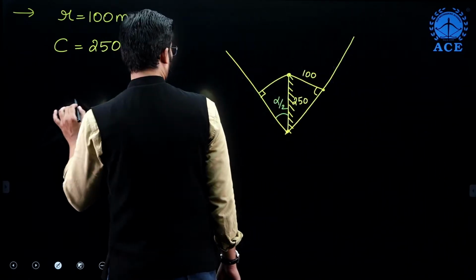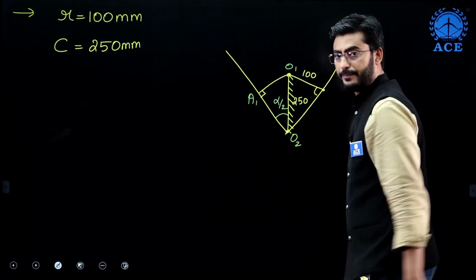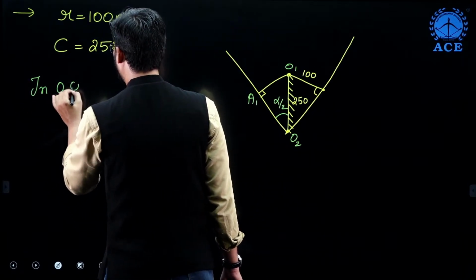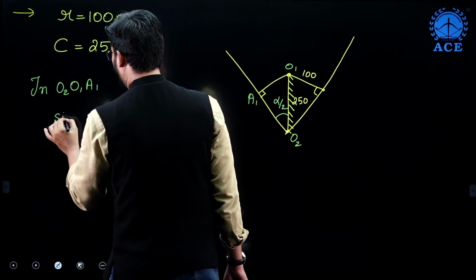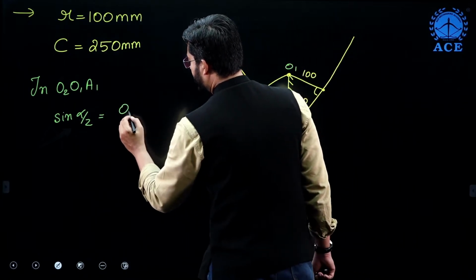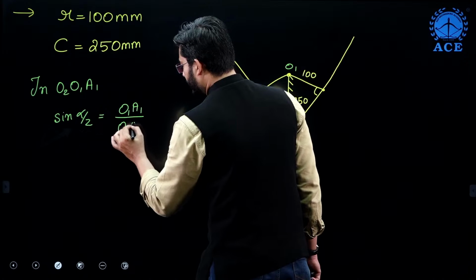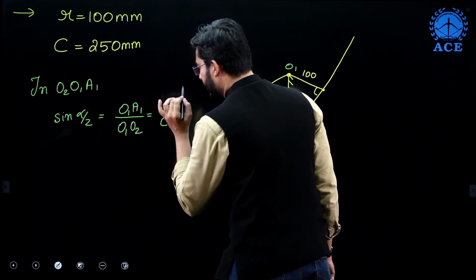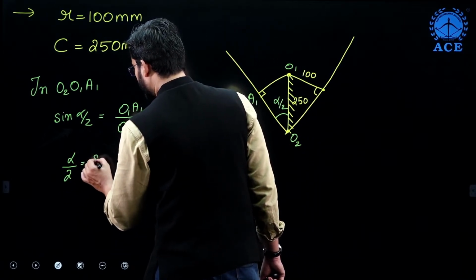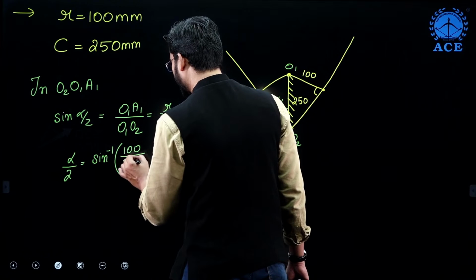If we consider the triangle O2, O1, A1, sine of alpha by 2 is equal to the opposite side O1A1 divided by the hypotenuse O1O2, that is R by C. So alpha by 2 is equal to sine inverse of 100 divided by 250.